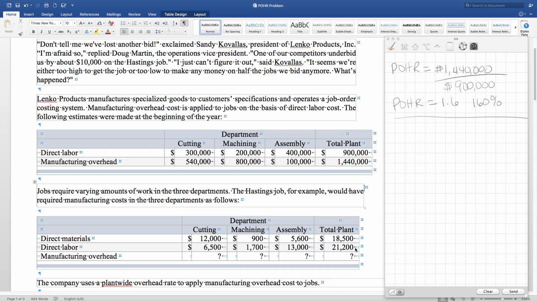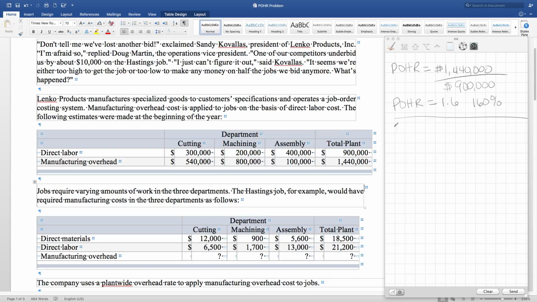But since we're using the same rate, let's not do the calculations 3 times. Let's do it 1 time. Since right here, we know that the total labor spent in cutting, machining, and assembly totaled 21,200.